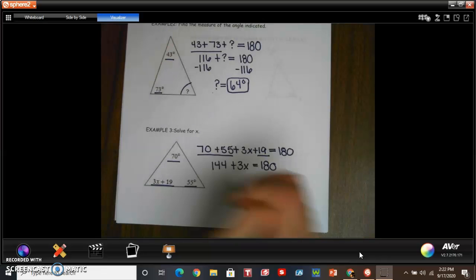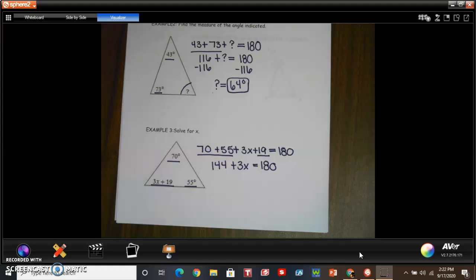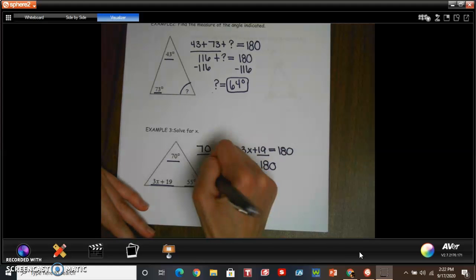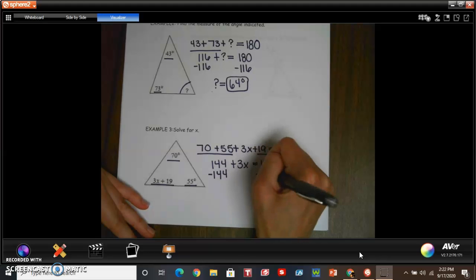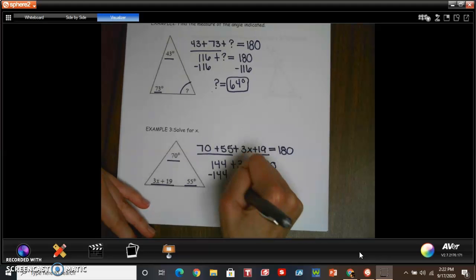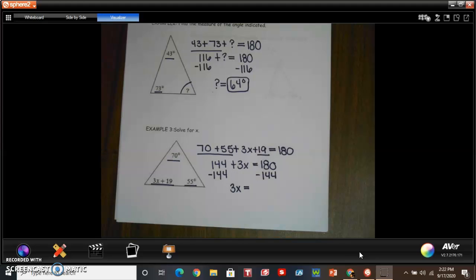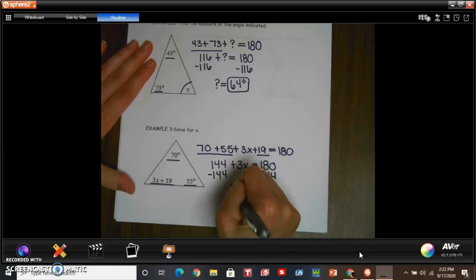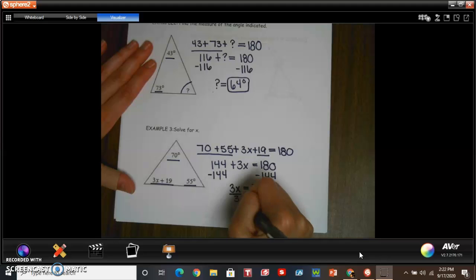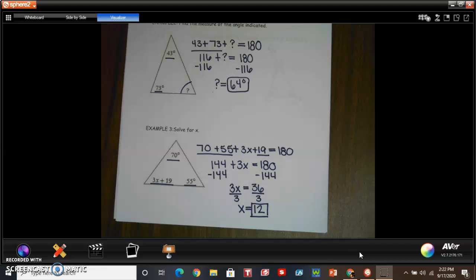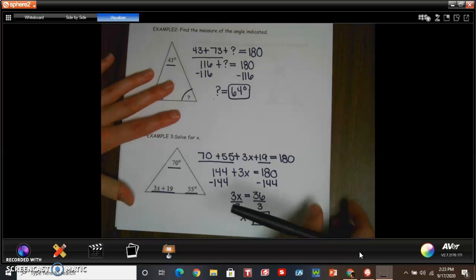We want to solve for x, so we need to deal with what's farthest away from x, which is 144. We need to get rid of it first. So 180 minus 144 gives us 36. Now we want to divide by 3, giving us x equals 12. You'll have problems just like this on your homework. Again, this is an exact problem from your homework, so you at least have one of those already answered. Well, look at us. We're flying here.